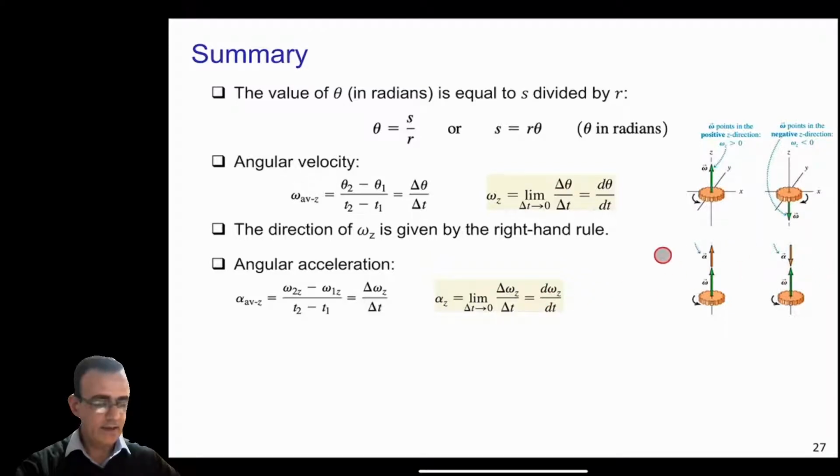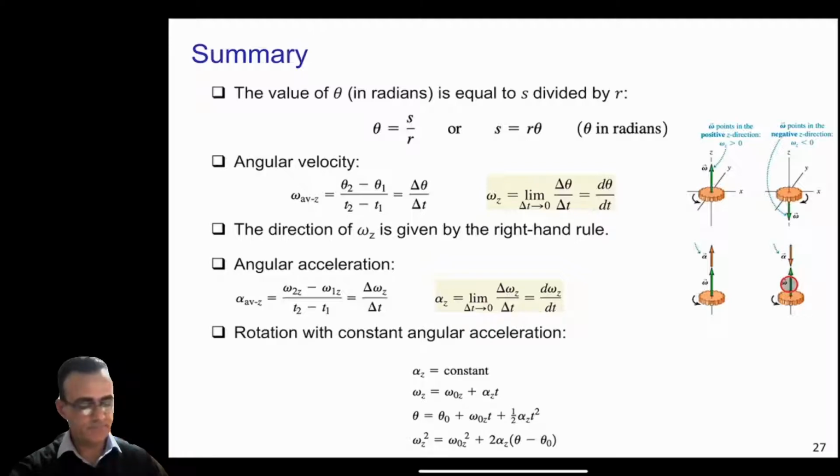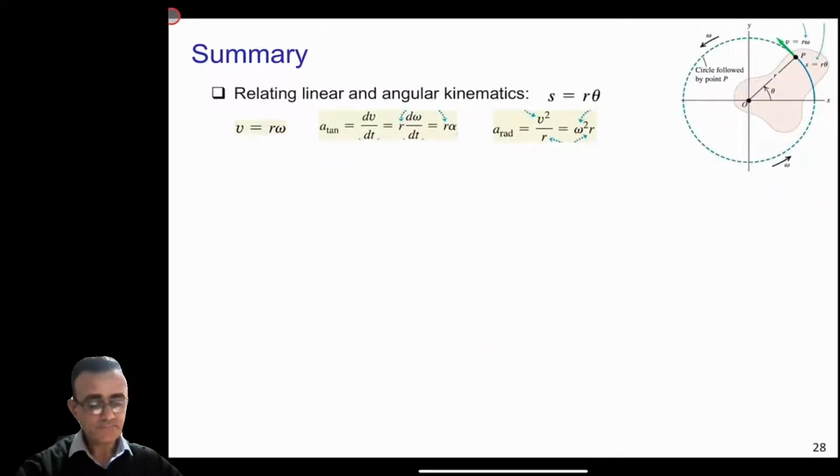And again, we can see the positive and negative values of alpha. If it is in the same direction as the velocity, it will increase the velocity, and if it is in the opposite direction, it is decreasing the velocity. We also discussed that we can use equations similar to the previous case for linear motion. Again, we discussed how to relate the linear and angular kinematics.